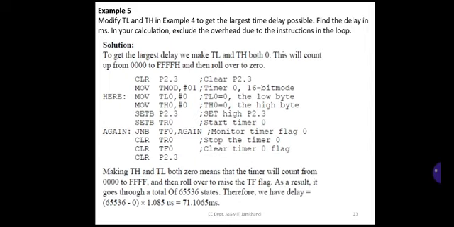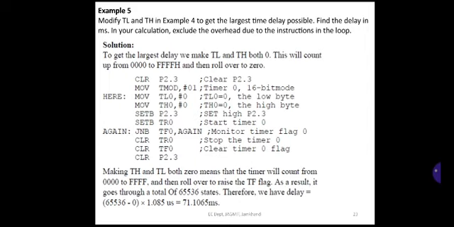Next, example number 5. Modify TL and TH in the previous example, example number 4, to get the largest time delay possible. Find the delay in milliseconds. In your calculation, exclude the overhead due to the instructions in the loop. Solution: to get the largest delay, we make TL and TH both 0. Earlier we were loading some arbitrary value into TH and TL.